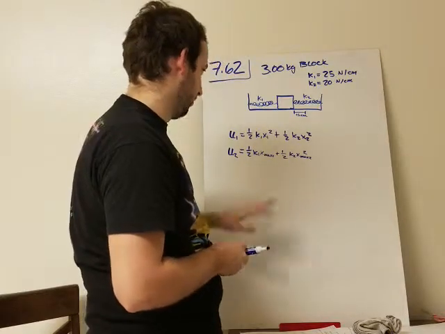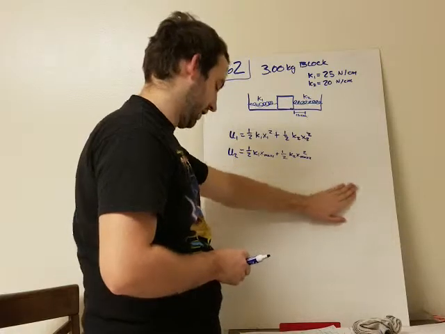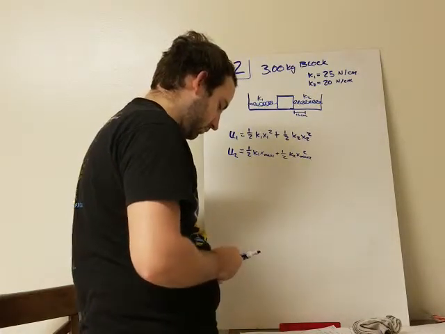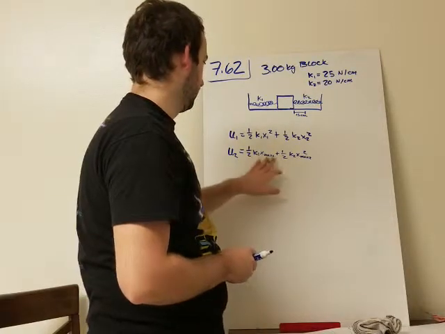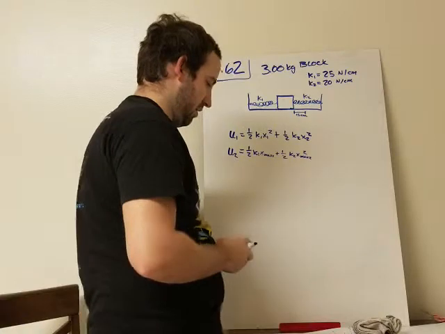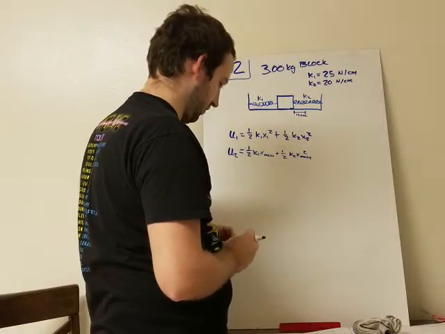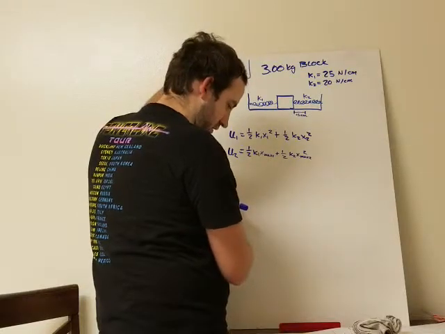Since we know that compression of one will be the extension of the other. So now all we need to do is solve for this, where the x1 is maxed out. And so as we do that, we will set these equal to each other. It'll get really long.